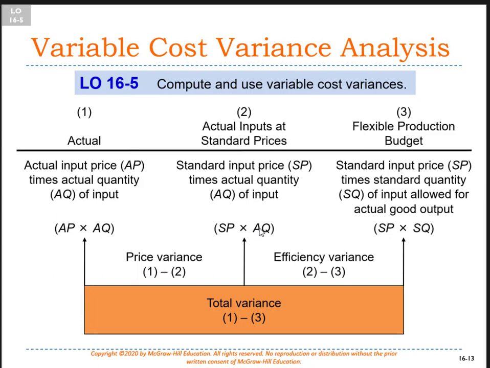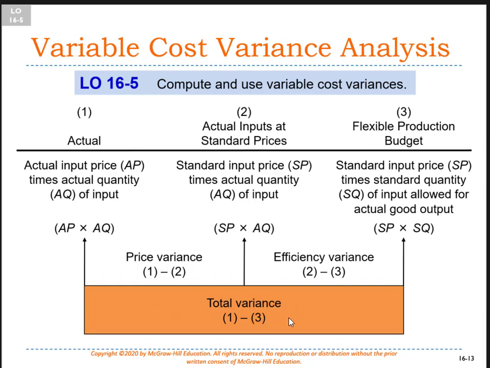Notice what's different here: the quantity is different. The standard price is the same. The actual quantity used of materials, labor, overhead, and what we should have used. So this is about being efficient. The other is about what price we paid for this stuff that goes into our product.